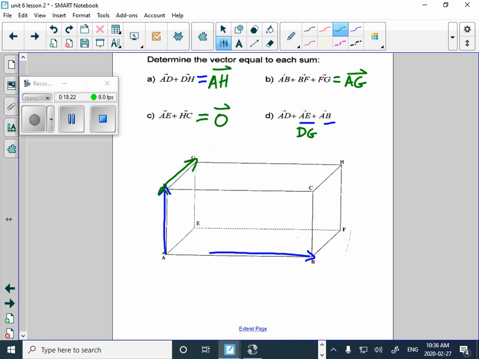And the third one, instead of drawing it as AB, I draw it as GH because those are the same vectors, same magnitude, same direction. Then my final result is starting at A, ending at H.